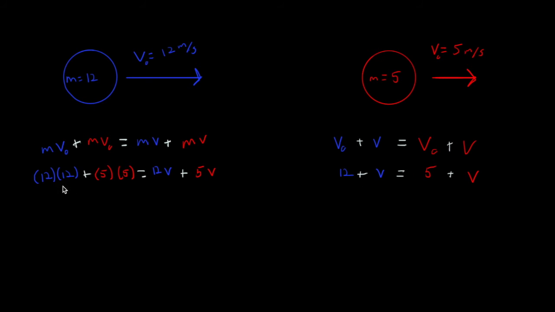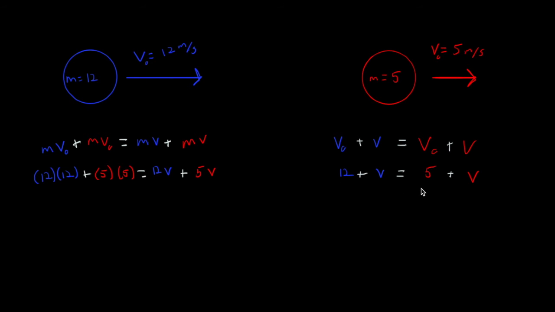Now I've got some numbers, so I'm going to simplify everything on the left side of this equation. And then I'm going to move my 5 to the other side. I want to try and keep everything as positive as I can. Notice I don't have any negatives in either of these terms. My balls are both going in a positive direction, so they're both going the same way, so I don't need any negative terms.